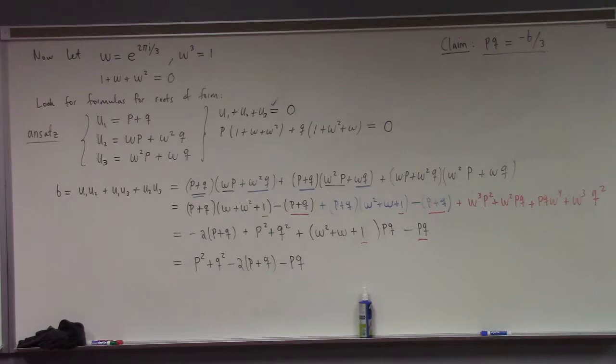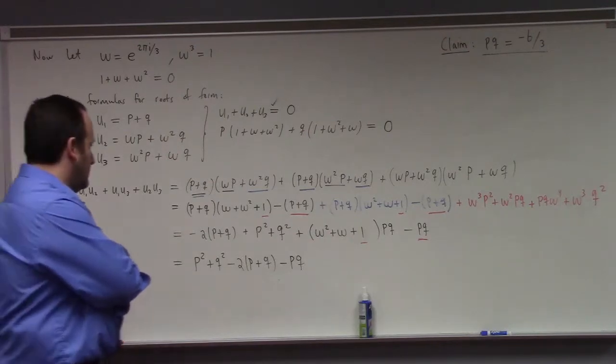It looked like if we could do away with that P plus Q somehow, we end up with negative 3PQ is equal to B. That's what we want. You didn't have that exactly, but you did have a minus 3 in front of that P plus Q, so that was why I was wondering if maybe something got thrown off somewhere.